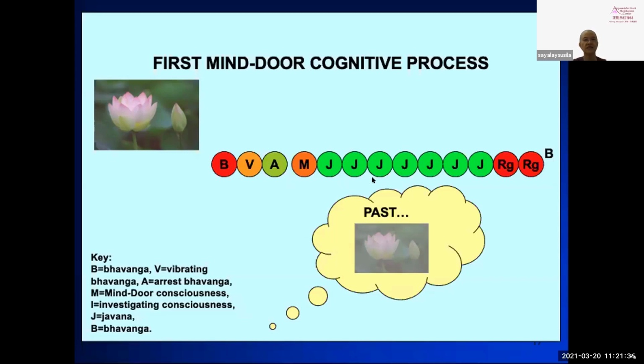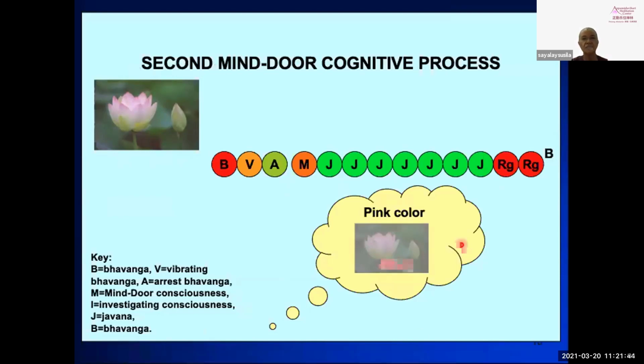So this is called the first mind door cognitive process, which knows the past object. Then he still doesn't know what it is. What is the object the eye has seen?